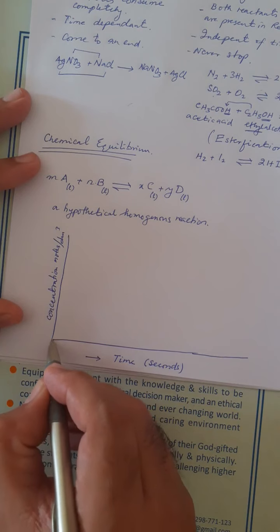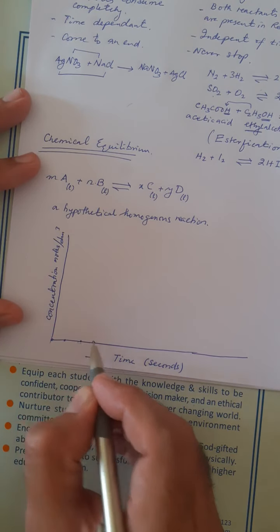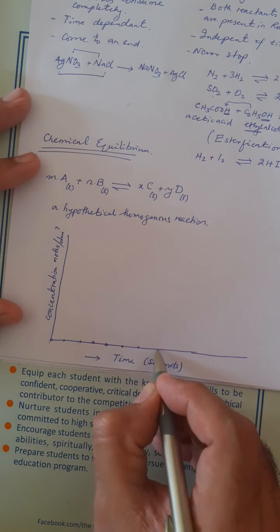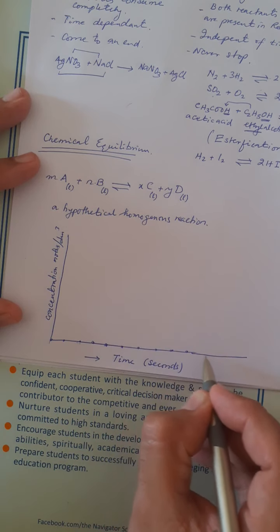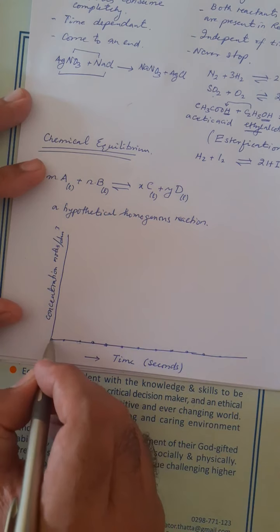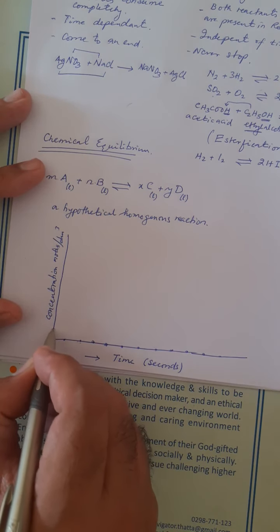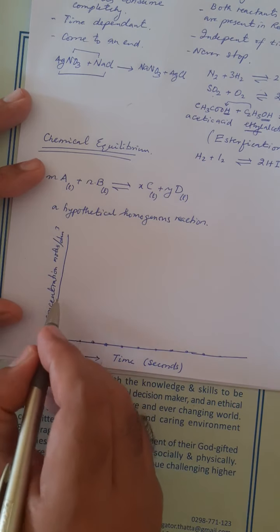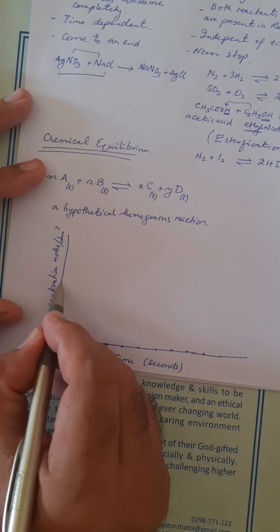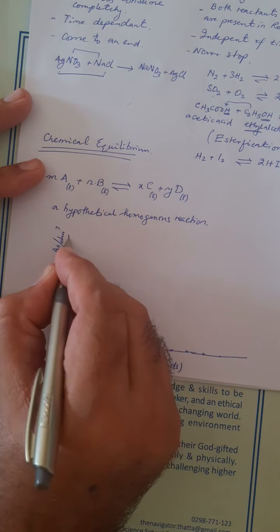This is 0 seconds, this is 5 seconds, 10 seconds, 15, 20, 25, 30, 35, and 40, 45, 50, 55, like that, okay? And this is 0 mole per dm cube. This is, let's say, 20 mole per dm cube, 40, 60, let us say 80, 100 mole per dm cube, and so on and so forth.